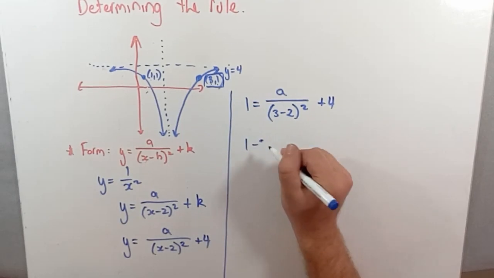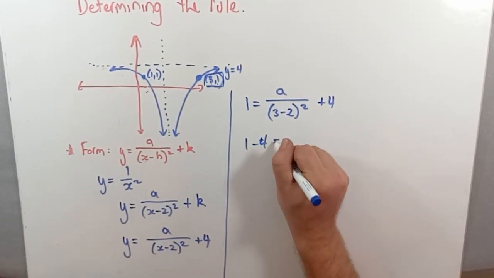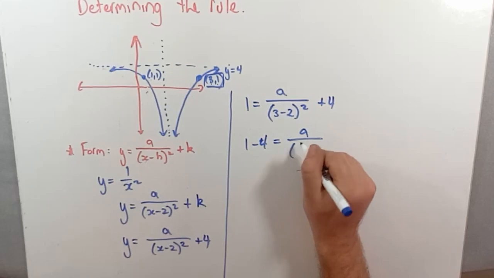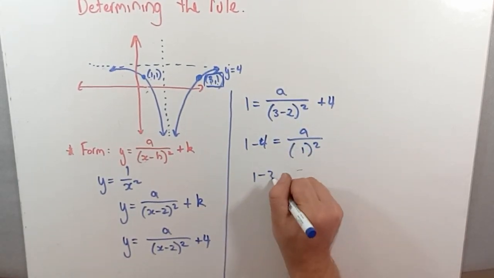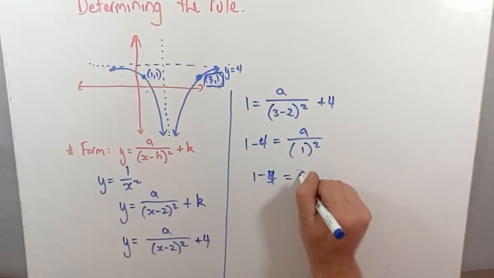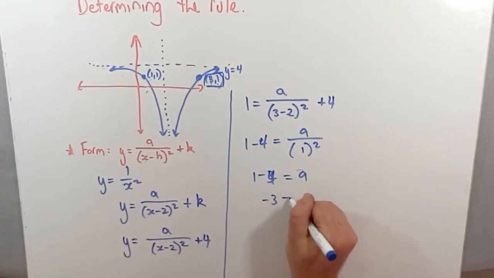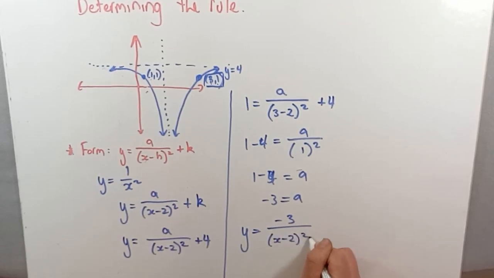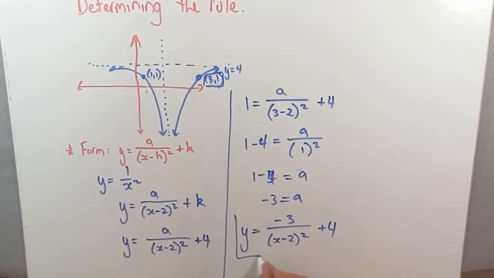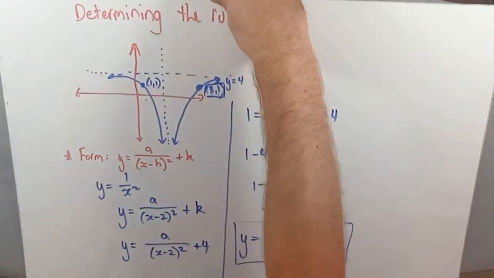So we get 1 minus 4 equals a. This is 3 minus 2 squared, which is 1 squared. So 1 minus 4 equals a, which is negative 3. So a is negative 3, and we're finished. So we've got y equals negative 3 on (x minus 2) all squared plus 4. And we're done. And when I say done, we're just done for that question.